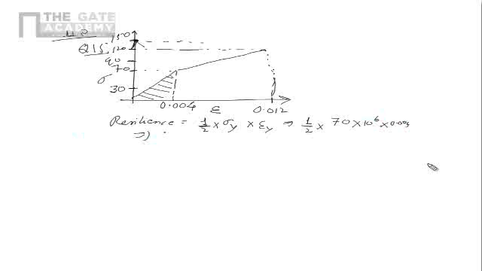It is 70 into 4 into 10 to the power minus 3 into 10 to the power 6, divided by 2.